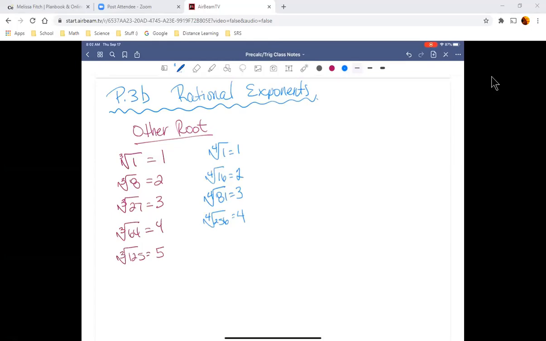And then we can even do 5. I'm on a roll now. What's the fifth root of 1? 1. The fifth root of 32 is 2. The fifth root of 243 is going to be 3.